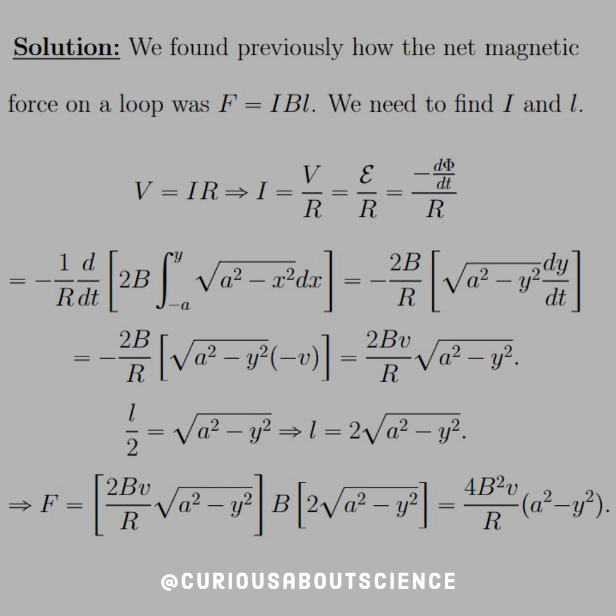So based on the force equation that we found a long time ago, this is equal to 2Bv over R times the square root of a squared minus y squared, times B, times 2 square root of a squared minus y squared. So once we consolidate it all and simplify it, that leaves us with the force of 4B squared v over R times a squared minus y squared.